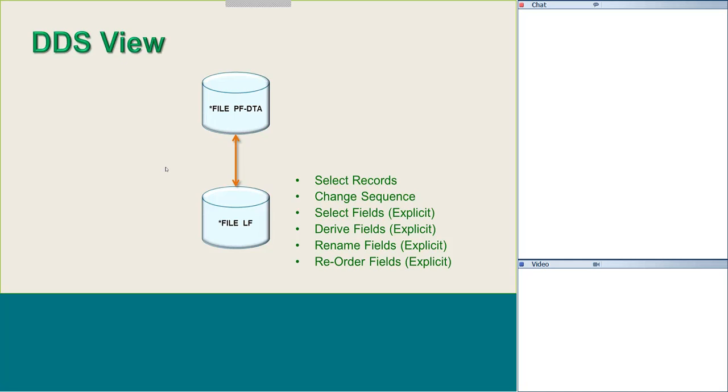I wasn't quite sure why, but then to my horror, I discovered that the key of that logical file, the sequence of that logical file, was defined using not the renamed field names as they appeared in the logical file, but the actual field names as they came from the physical data file.